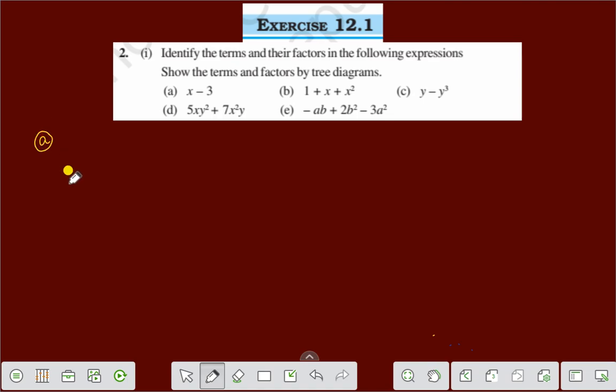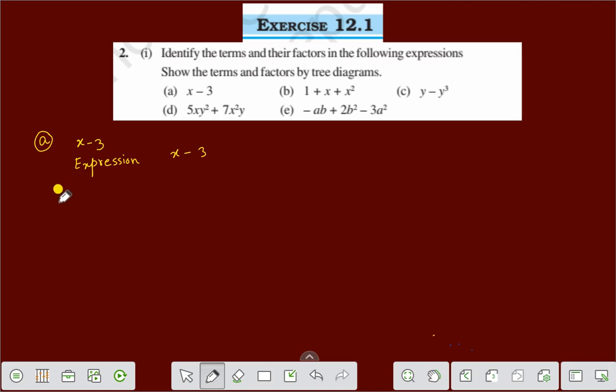The expression is x minus 3, right? This is the expression.